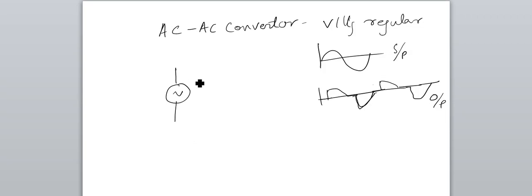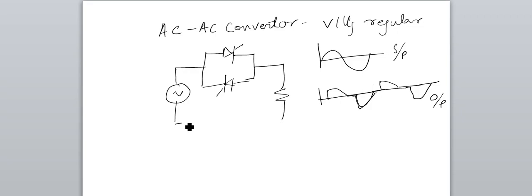Now here the circuit will be: you are using two anti-parallel SCRs. Two anti-parallel SCRs will be connected and there will be a load. When this gets switched on, the current flows from here to here.